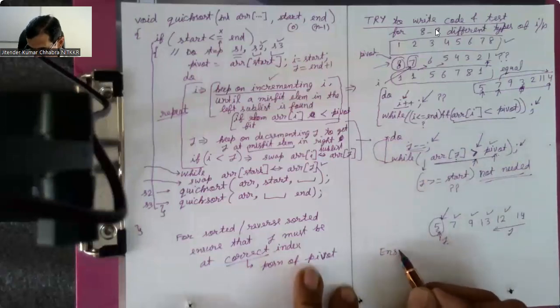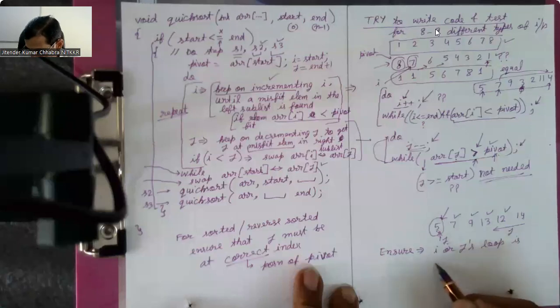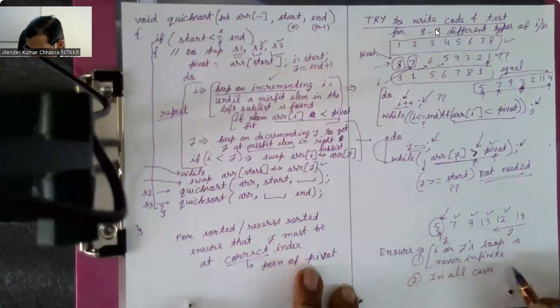So what I have to ensure is always that I or j's loop is not infinite. One thing, that must not be infinite loop. Secondly, in all cases, I and j keep on progressing.